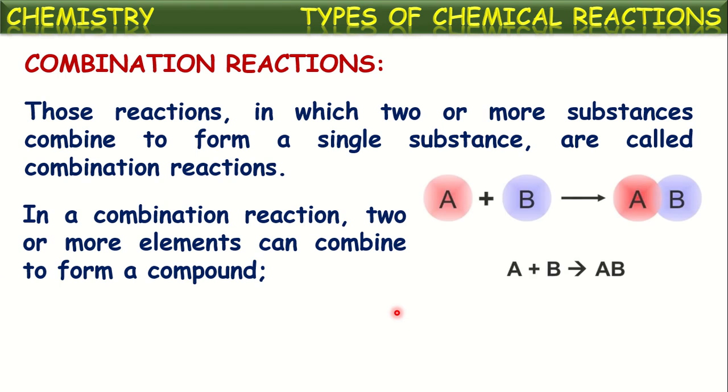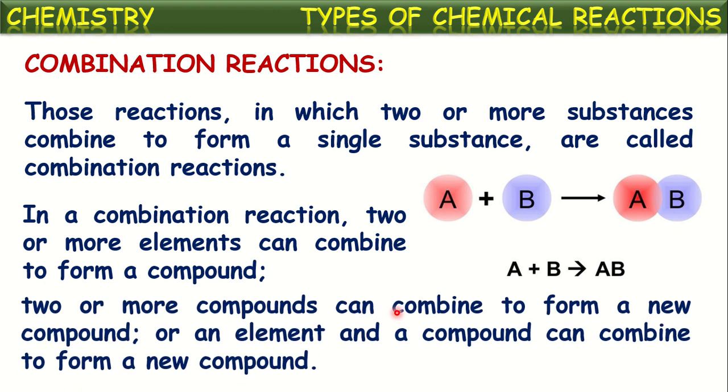So in a combination reaction, two or more elements may combine to form a single compound, or two or more compounds may combine to form a new compound, and even in certain chemical reactions an element and a compound can combine to form a new compound.